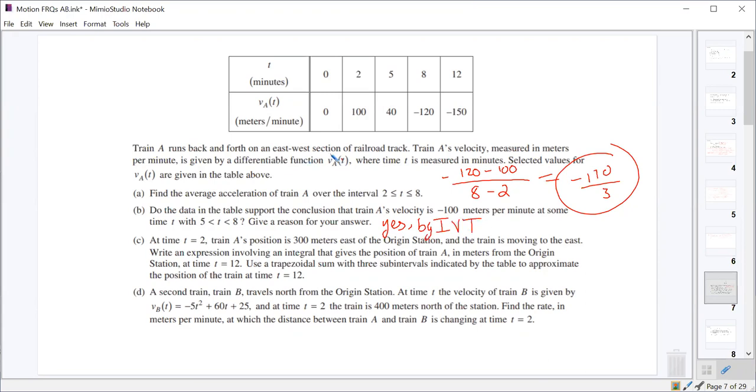First off, we know that V sub A is differentiable, which tells us that it is continuous, right? And so that's an initial condition for the intermediate value theorem, that the function is continuous. So since it's continuous and it goes from 40 to negative 120, it must have hit negative 100 somewhere in between there, because negative 100 is between 40 and negative 120. Good?